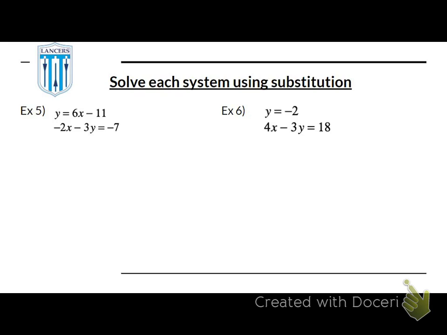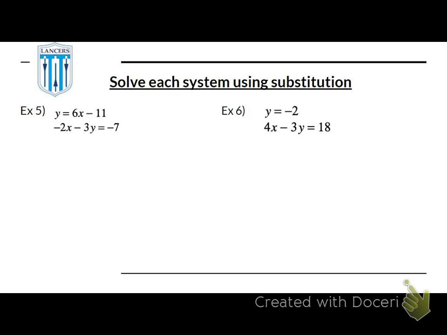Example 5 is a little bit more similar to what we were seeing when we were given the steps. So like on example 2. What variable is already solved for us? Y equals 6x. Okay, the y is already alone in the top equation.